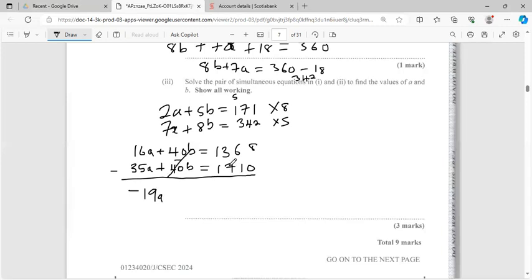And we have 1,368 minus 1,710, which gives us negative 342 because the 1,710 is bigger, so that's 342. So all we have to do now is divide by negative 19 and we get 18.